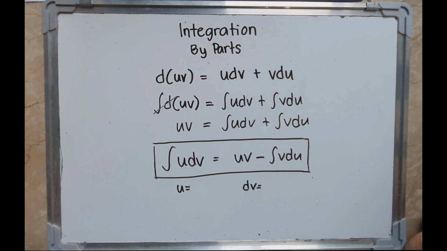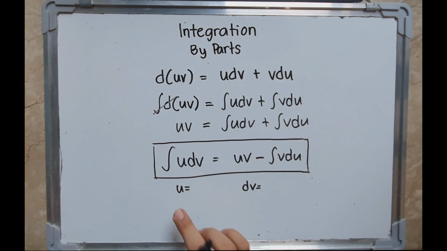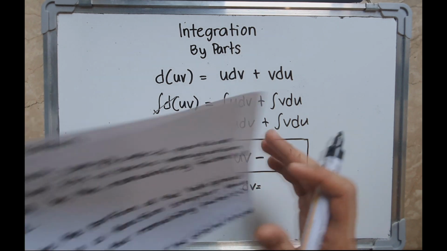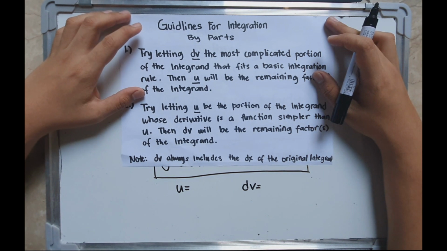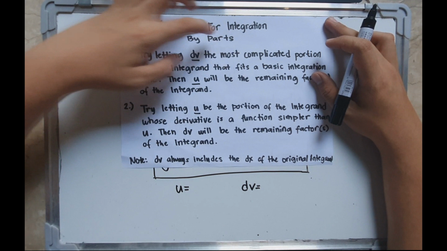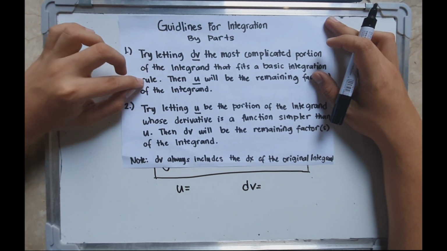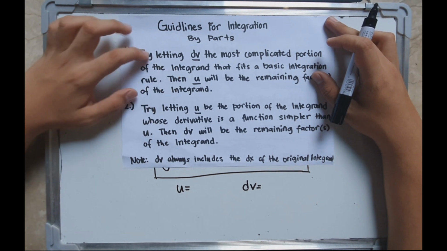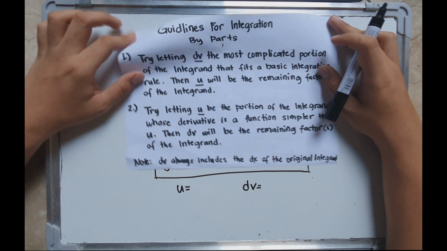Okay, so there is a guideline in using this formula in selecting u and dv. So we have here the guidelines for integration by parts. Number 1, try letting dv be the most complicated portion of the integrand that fits the basic integration rule. Then u will be the remaining factor or factors of the integrand.